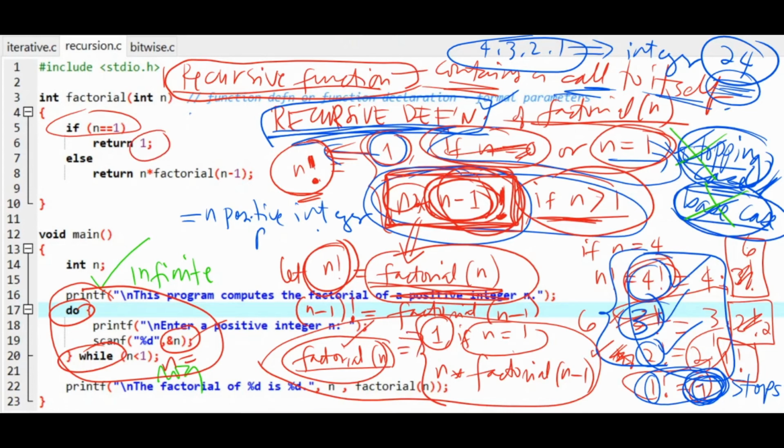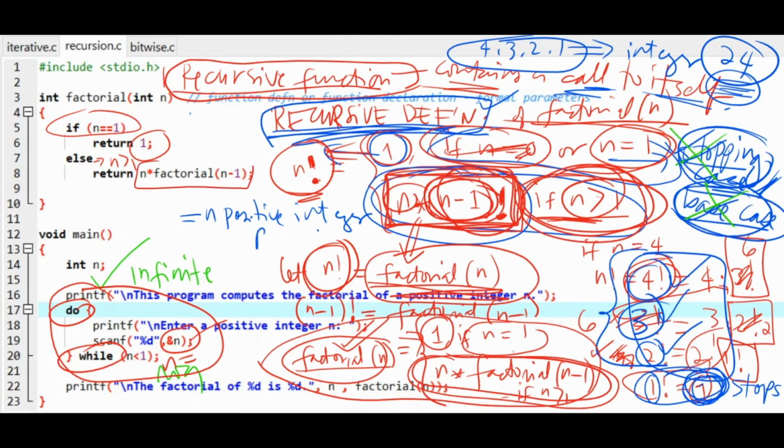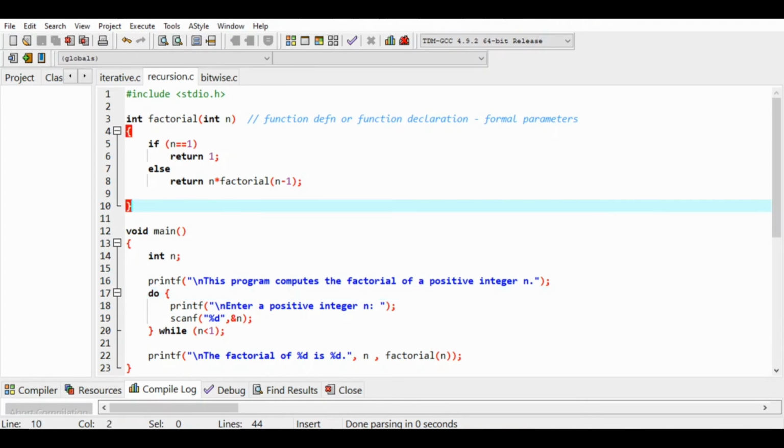And the second case is if n is greater than 1, or you could just say else, because the meaning of else is that n is greater than 1. The function call factorial of n would return the value of this expression, which is n times factorial of n minus 1. Okay, this one here.